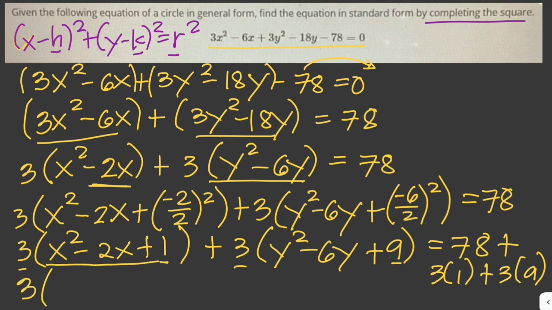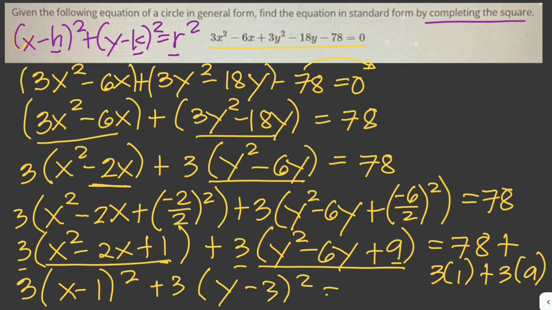Okay, then let's further simplify this. We can write this as the square of x minus 1, and this one we can write as y minus 3 squared.